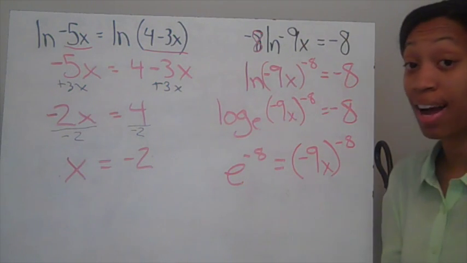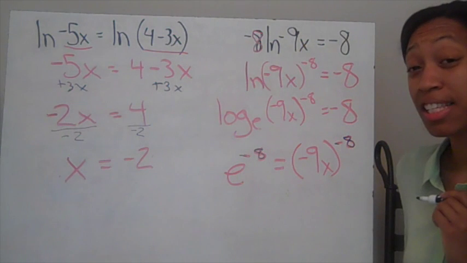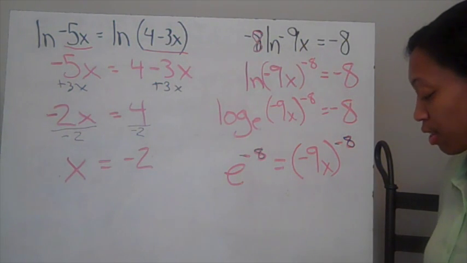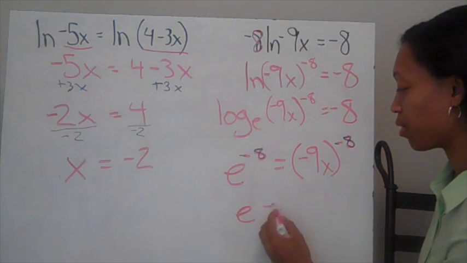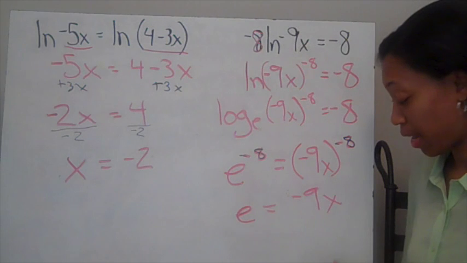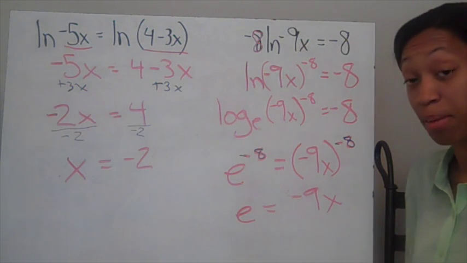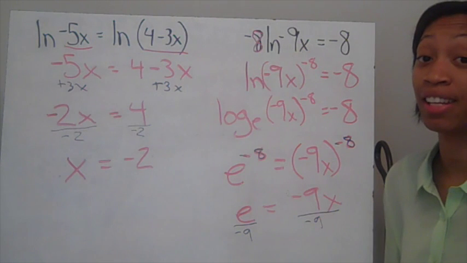Both sides are raised to the power of negative 8, so it looks like what I really have is that e equals negative 9x, which means that my answer, dividing by negative 9, is negative e over 9 equals x.